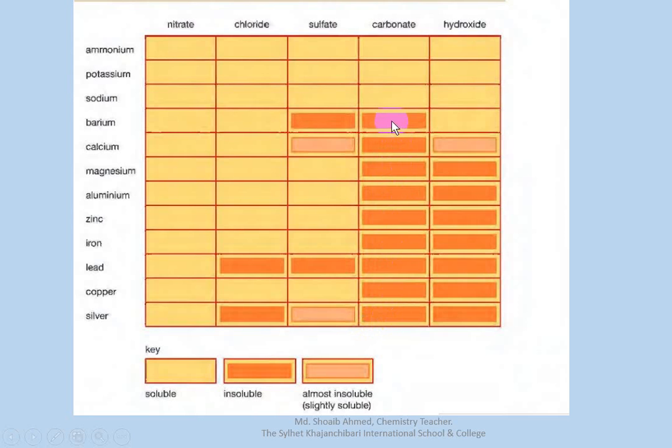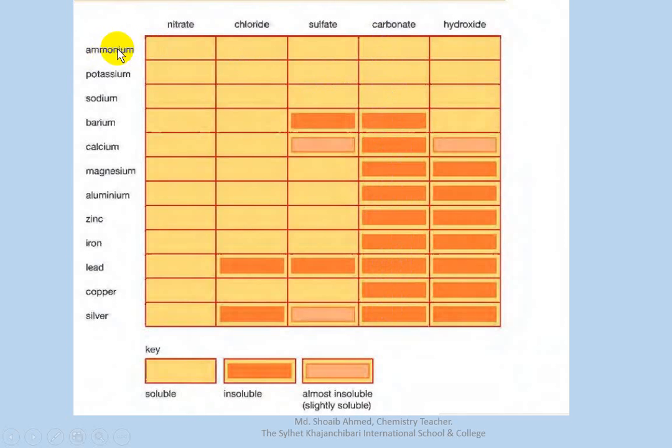Barium carbonate insoluble, calcium carbonate insoluble, magnesium carbonate insoluble, aluminum carbonate insoluble, zinc carbonate, iron carbonate insoluble. Lead carbonate insoluble, copper carbonate insoluble, silver carbonate insoluble. All are insoluble except ammonium, potassium, sodium.